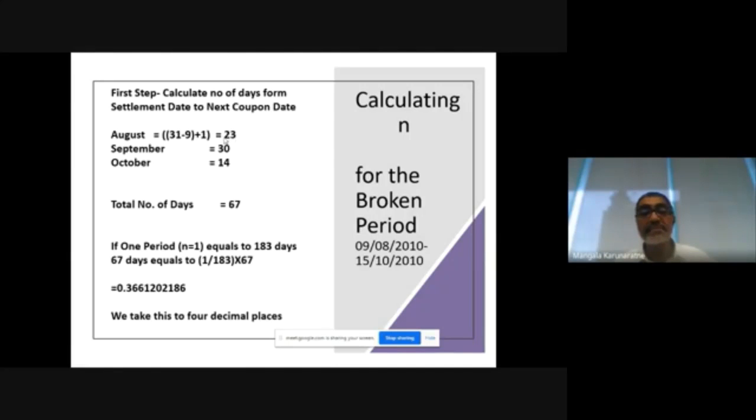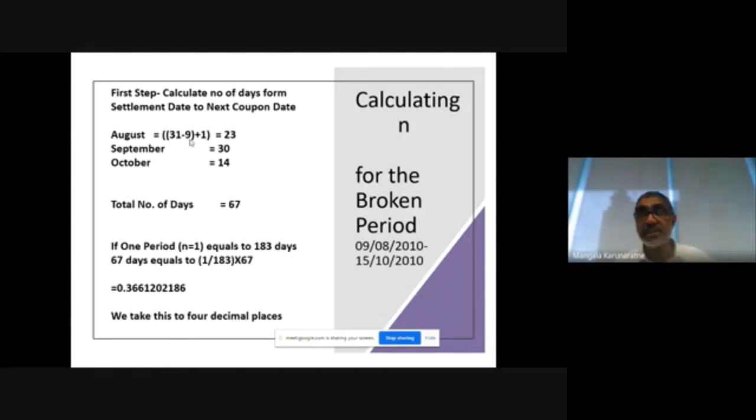That is, what is the date? 9th August, right? So we try to calculate the number of days. How do we calculate the number of days? This 67: we have 14 days in October, since the 15th is the payment date. We have 30 days in September, and we have 23 days in August inclusive of the 9th, because the 9th is inclusive.